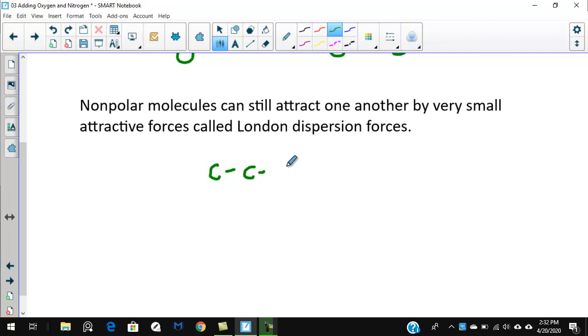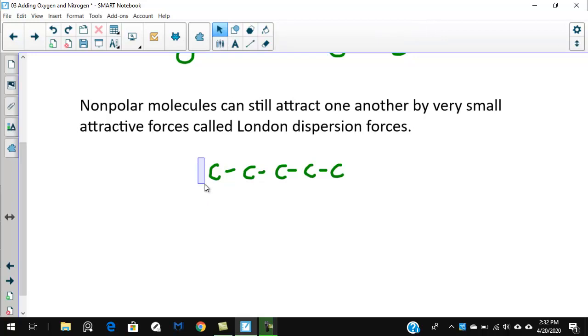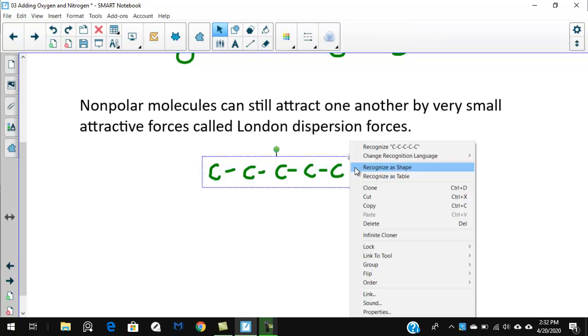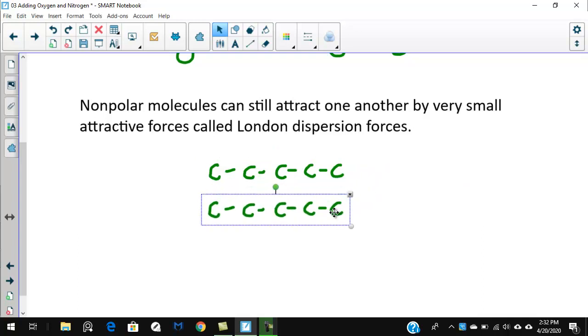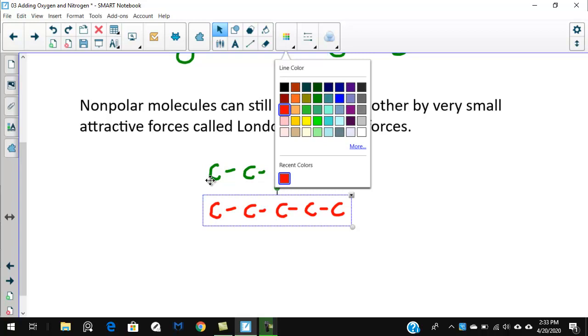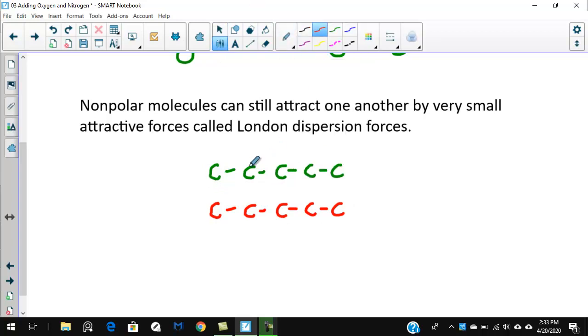So if I have a very long chain of carbons, well, not really long, let's make it 5, and I have another long chain of carbons, there's nothing polar on these chains of carbons because they're all just C's and H's. So there's no little positives and little negatives to attract them to each other. But it was found that a force called a London dispersion force does exist between two molecules of an alkane, an alkene, or an alkyne.